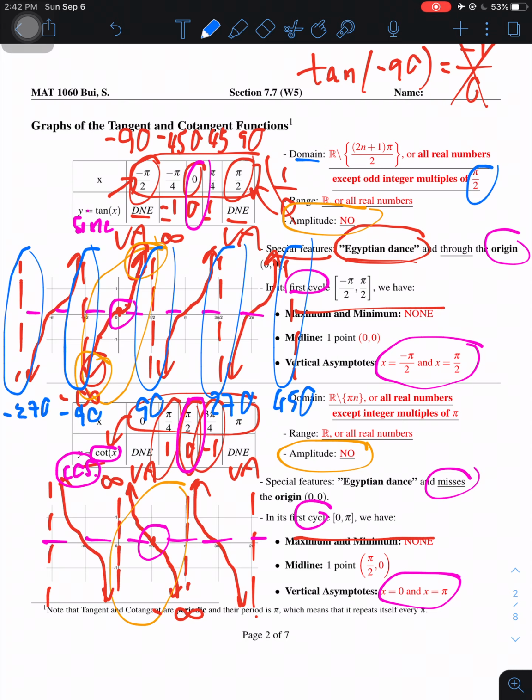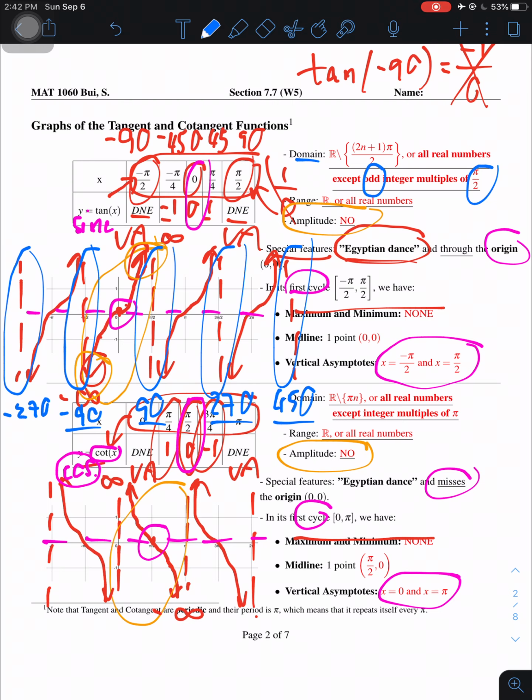If you notice, each is a multiple of pi over 2: 90 times negative 1 gives negative 90, 90 times 1 gives 90, 90 times 3 gives 270, and 90 times 5 gives 450. All of the numbers you multiply by are odd integers, right? That's why the domain in here can take any value except for the odd integer multiples of pi over 2.